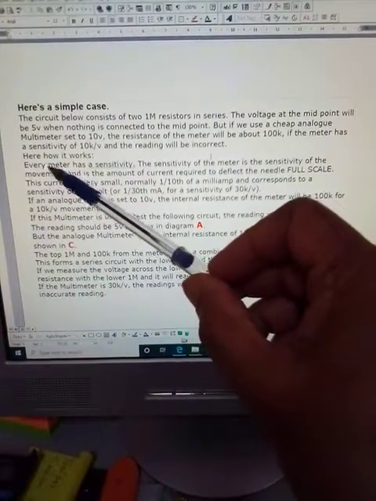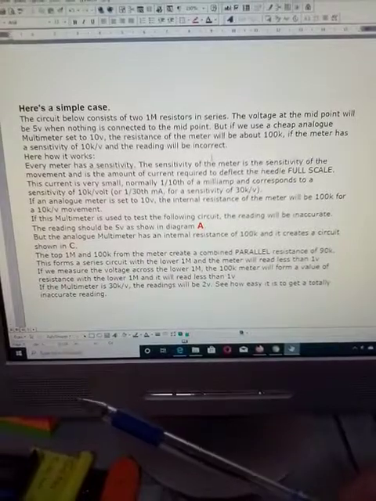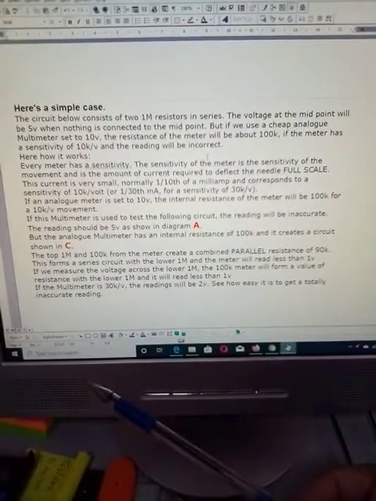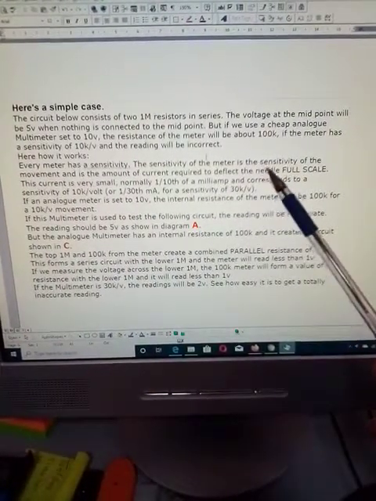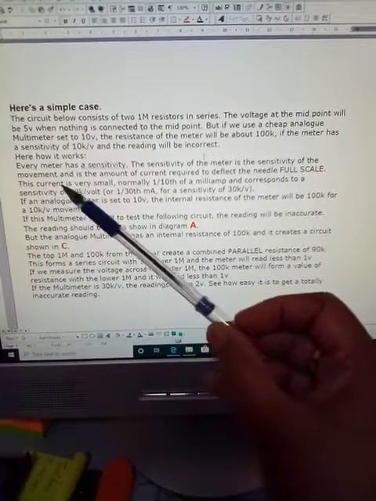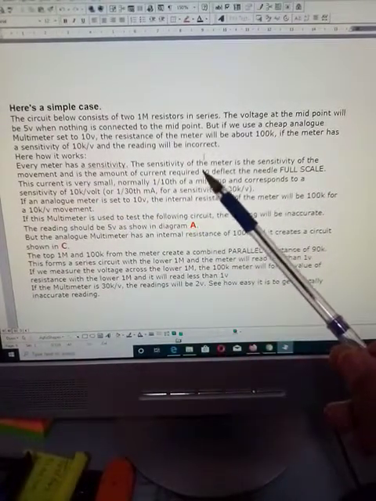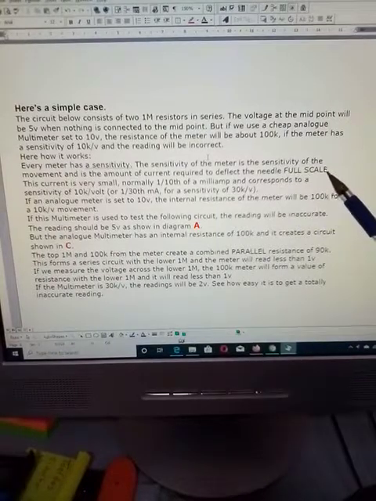Here's how it works. Every meter has a sensitivity. The sensitivity of the meter is the sensitivity of the movement and is the amount of current required to deflect the needle full scale.